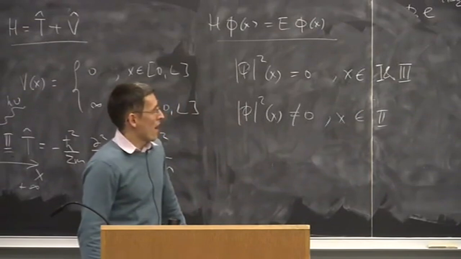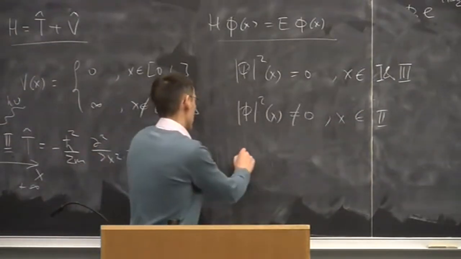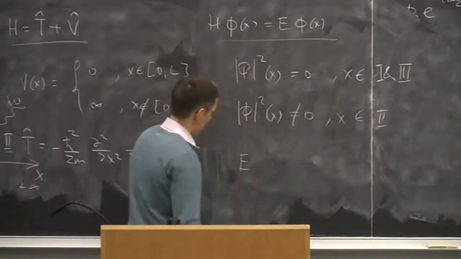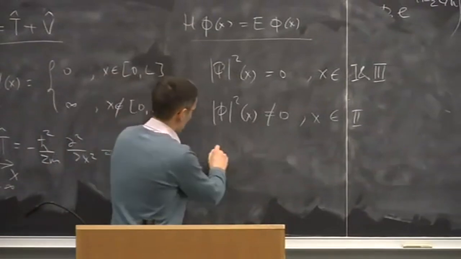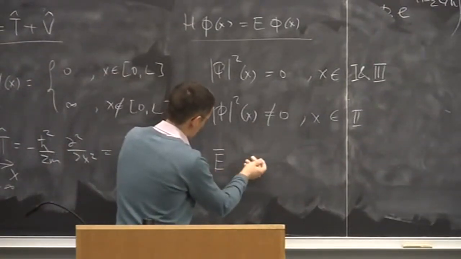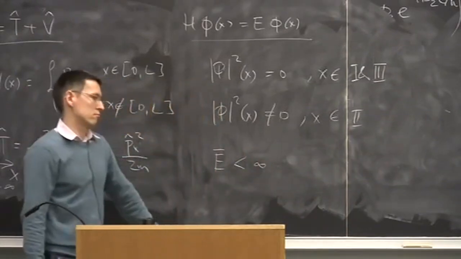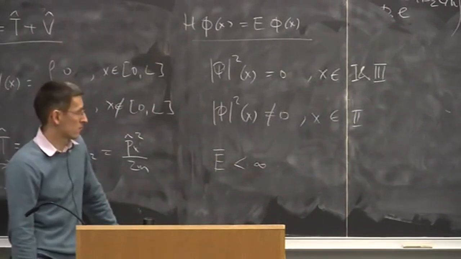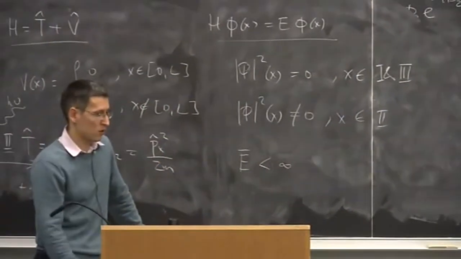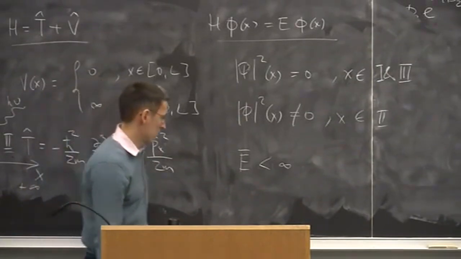Now, why would I say that? It's very simple. The average energy of any particle in the box should be less than infinity. It should be finite. Any physical particle should have finite energy. You shouldn't have infinite energy.